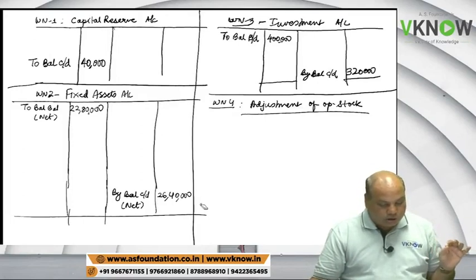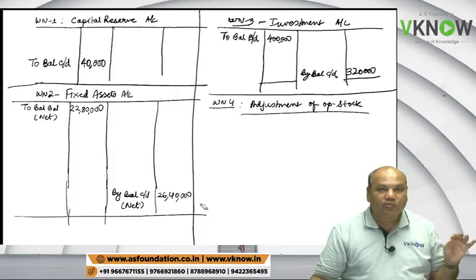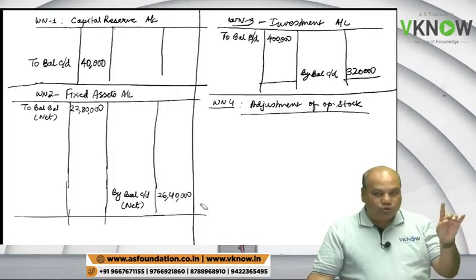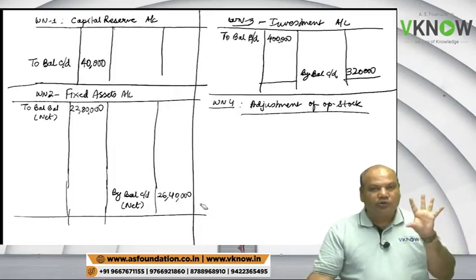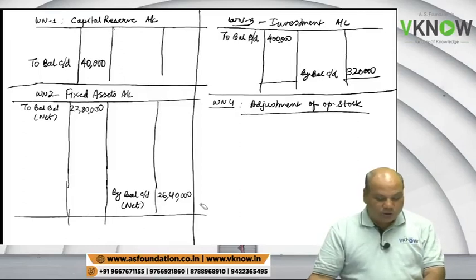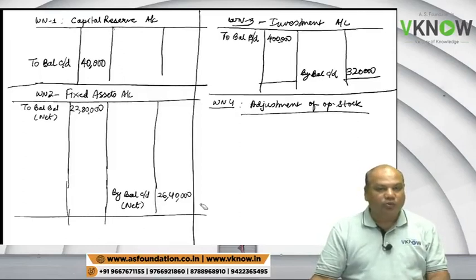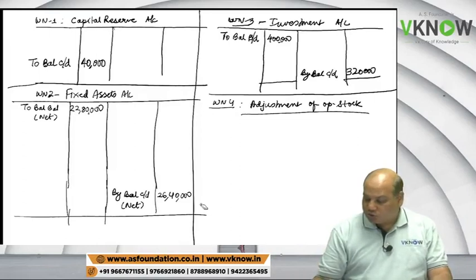The stock according to books on 31st March 14 was 2,16,000. This requires adjustment. The closing stock was correctly valued, so no problem with closing stock.